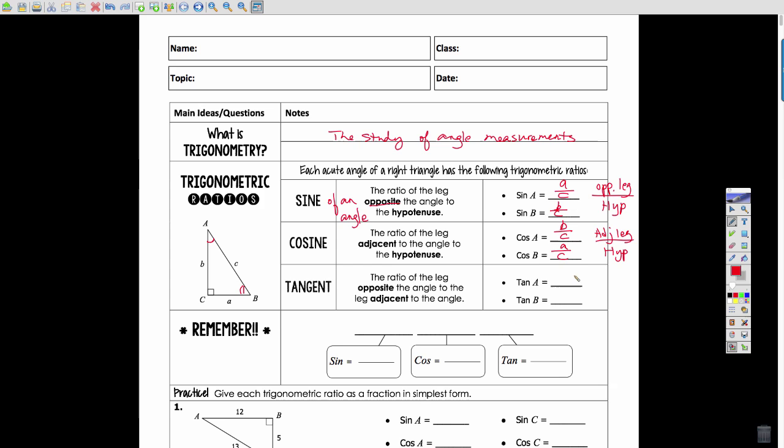Tangent is the ratio of the leg opposite of the angle to the leg adjacent to the angle. So tangent A would be opposite leg is A, adjacent leg is B. And tangent B, opposite leg is B, adjacent leg is A. Now notice that sine of one angle is the cosine of the other angle.